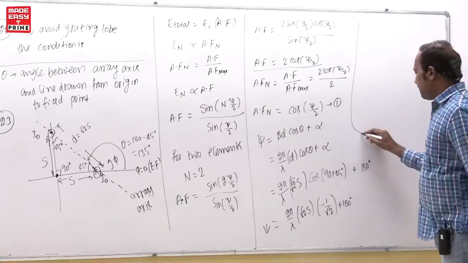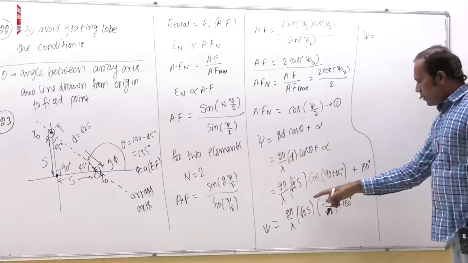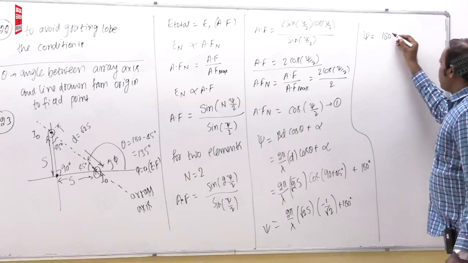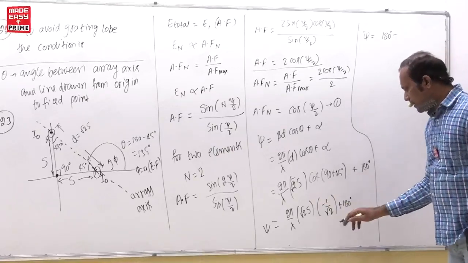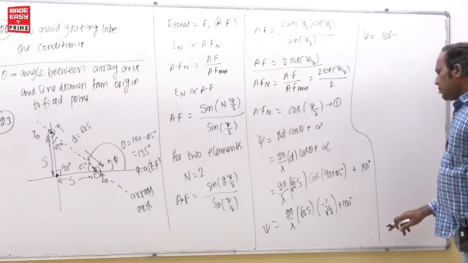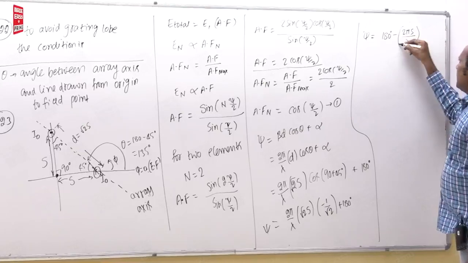So ultimately psi is equal to root 2 cancels, and 180 degrees minus 180 degrees cancels, this one root 2 minus I have kept. So 2 pi s by lambda.